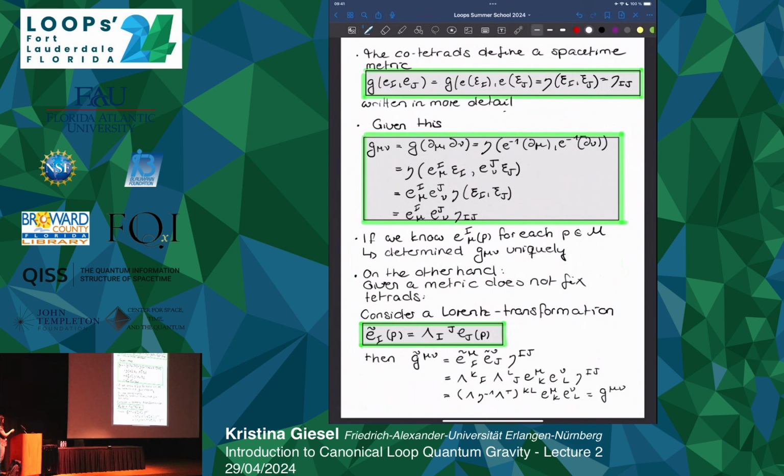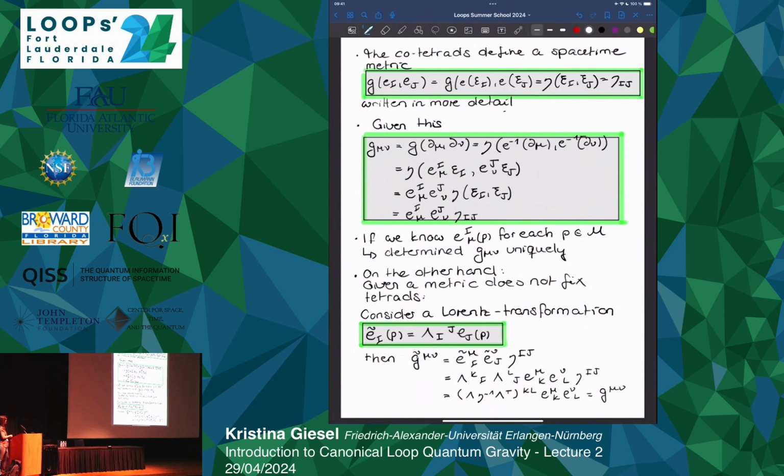Now, if we evaluate the metric at E I and E J, we can just do this by using this map E, and we see that this is equal to eta ij. And this means that our metric g mu nu can be written in terms of the cotetrads here, E mu I, E nu J, contracted with eta ij.